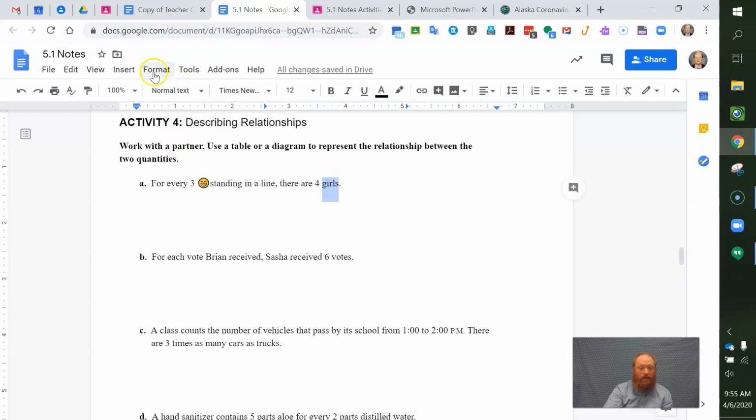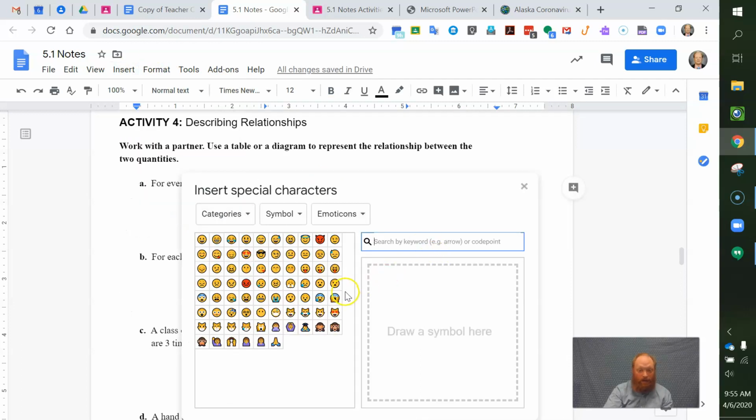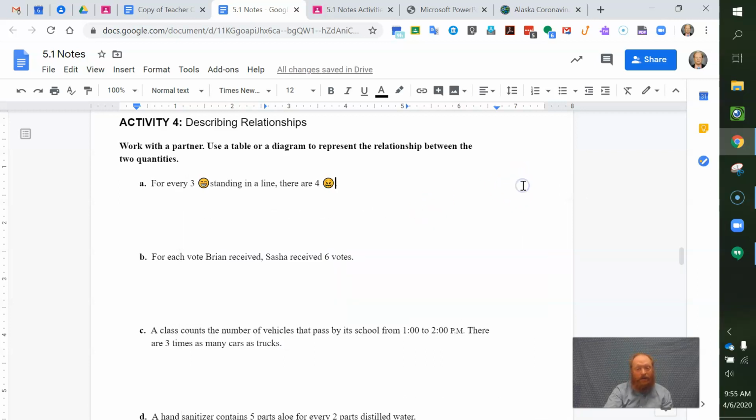I'm going to replace girls with insert special characters. I'm going to put in confounded face. So for every 3 smiley faces standing in a line, there are 4 confounded faces.